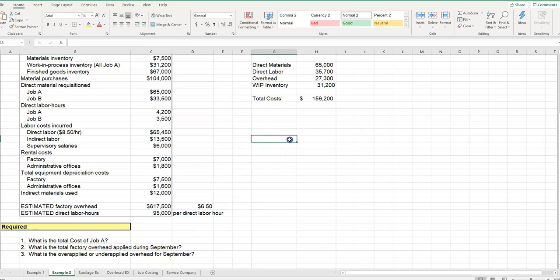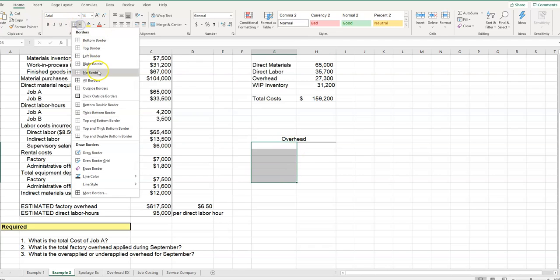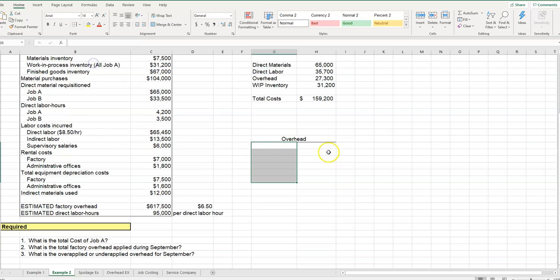So let's make a T account for overhead to calculate our costs. We know when we allocate or apply overhead, we record that on the credit side of the account. And when we record actual expenses, we record those on the debit side.